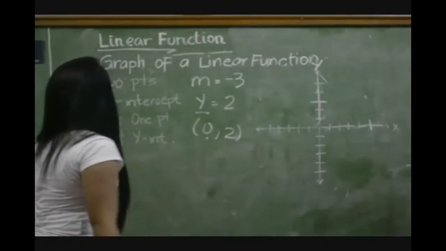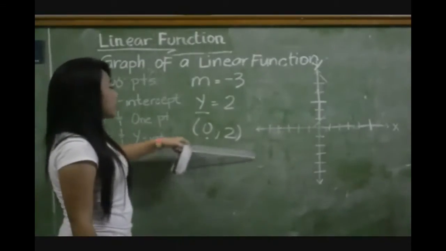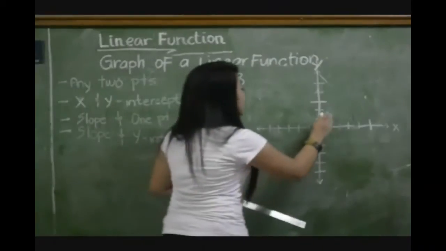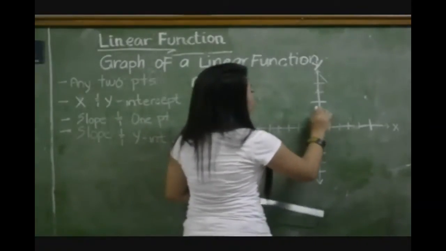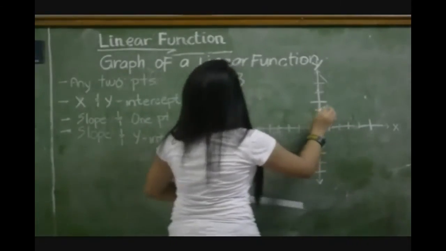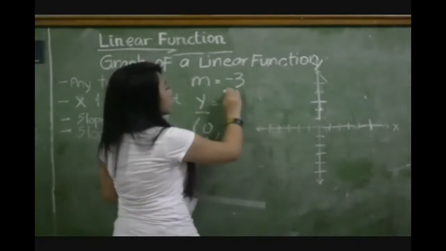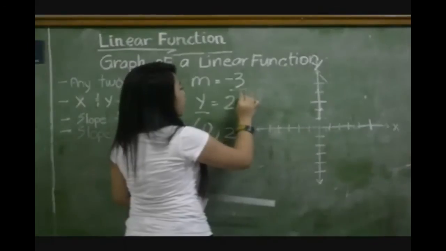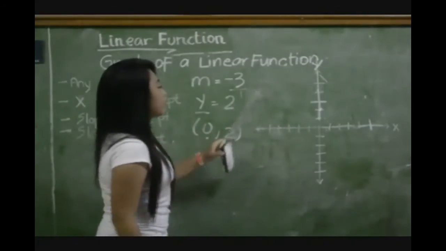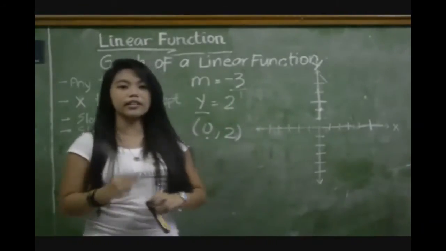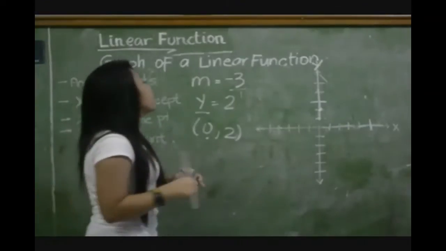So let us now plot (0, 2). 0, 1, 2. The slope is negative 3. It will become negative 3 over 1, rise over run. Please do remember that the slope is rise over run.